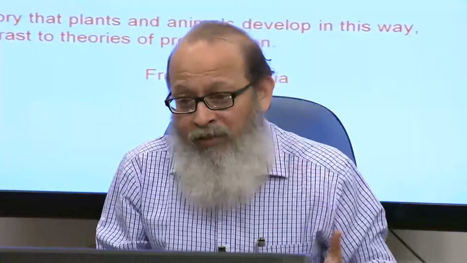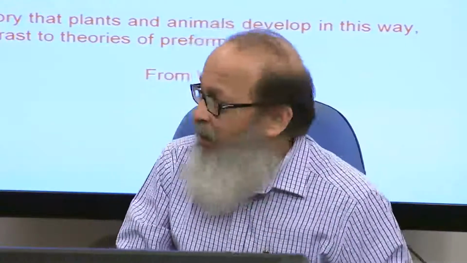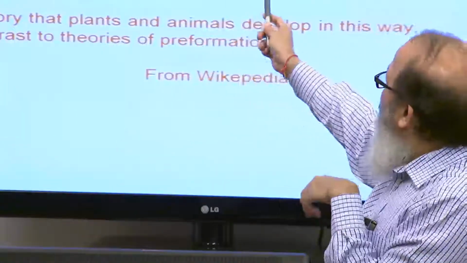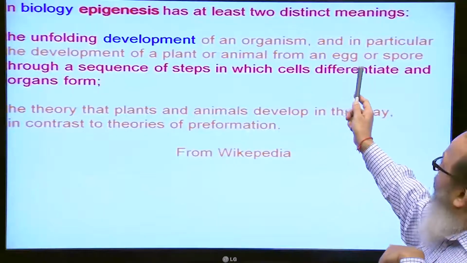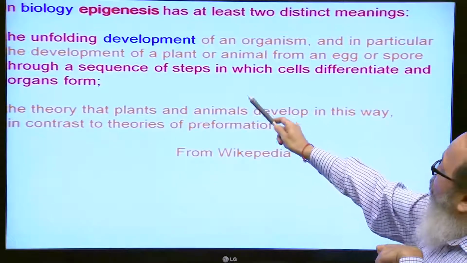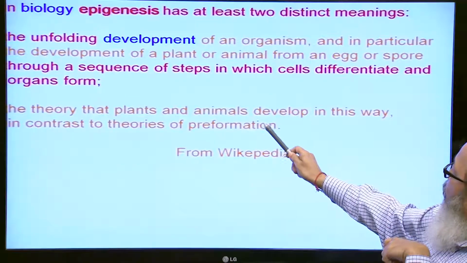So the new concept is epigenetics. If you read it carefully, it is the unfolding development of an organism, in particular the development of a plant or animal from an egg or spore through a sequence of steps in which cells differentiate and organs form.